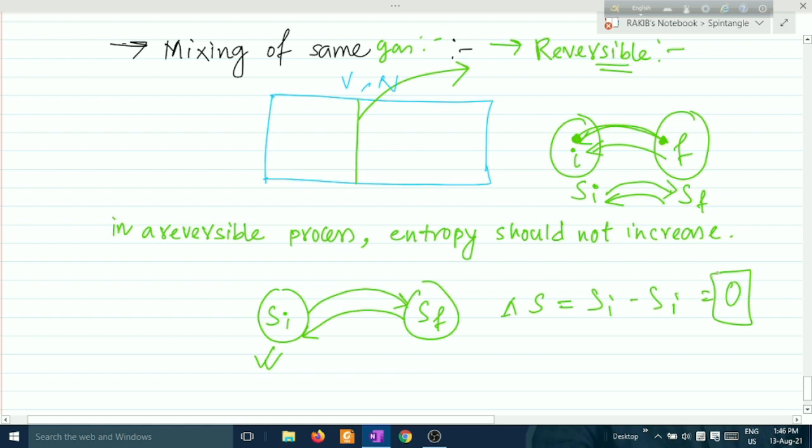The entropy change should be 0 in this case because you are ending the process in the initial state again. So there should not be an increment in entropy.